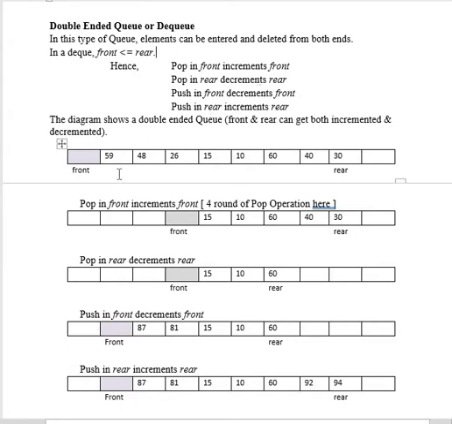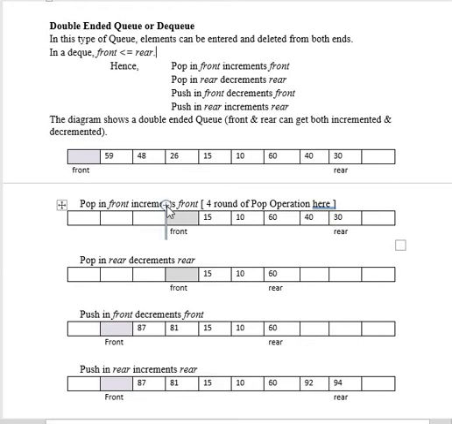That means after this, the second diagram shows there are 1, 2, 3, 4 elements, because 59 has been popped out, 48 has been popped out, 26 has been popped out, and front is now waiting at the place where the next element is existing.